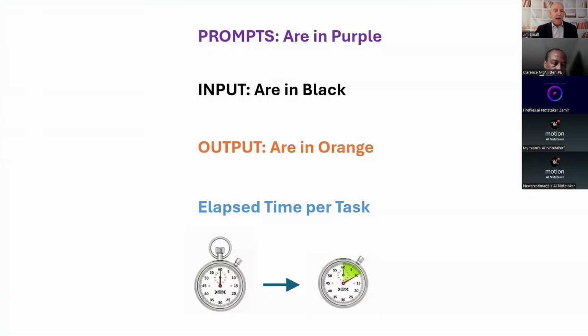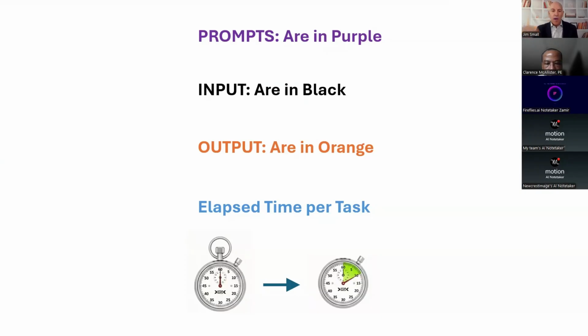A couple of things in the slides. I've coded these, so if you want to share them with your team or just make sure you're following along, on the slides, the prompts that we use are in purple, inputs like files we're uploading are in black, and outputs that come from an LLM or an AI tool are shown in orange.